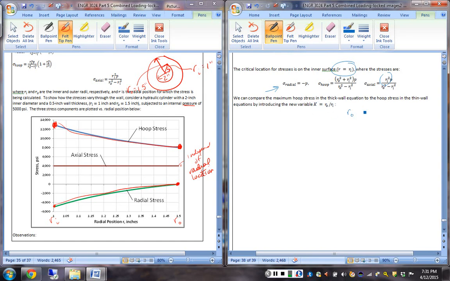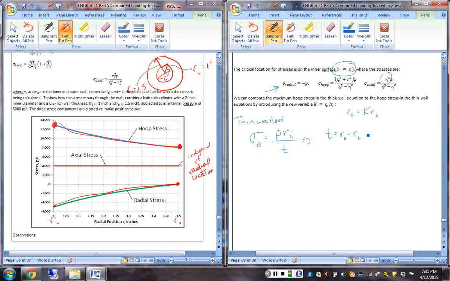We can say that r sub o is K times the inner radius. So if we use our thin-walled equations, we have stress in the theta direction is P times the radius over the thickness. The thickness is the outer minus the inner.